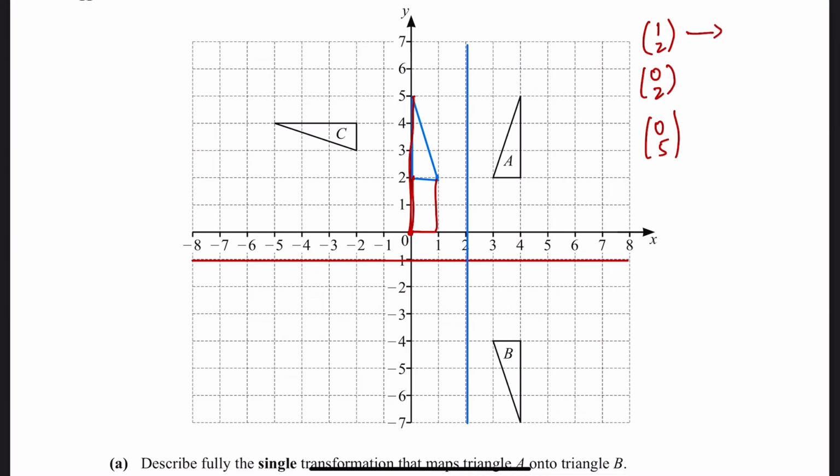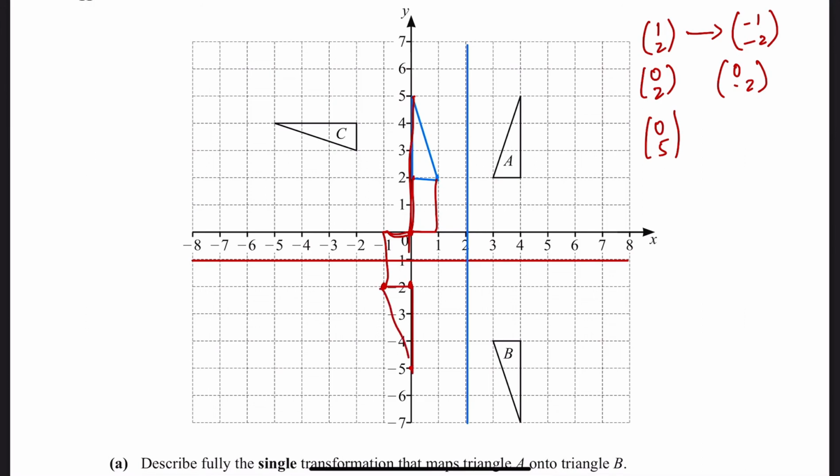When you are doing a 180 degree rotation, it doesn't matter if it's anti-clockwise or clockwise, you just change the signs. So this will appear here -1 -2, 0 -2, and 0 -5.